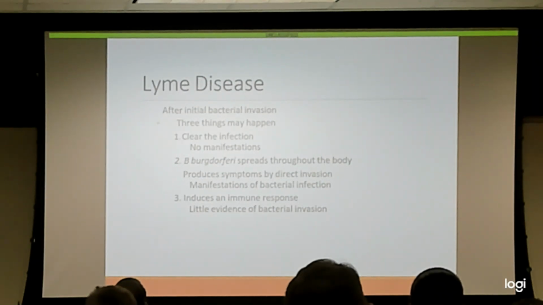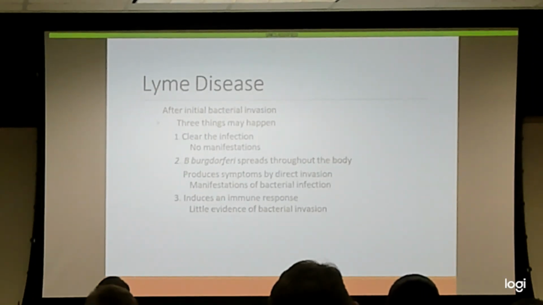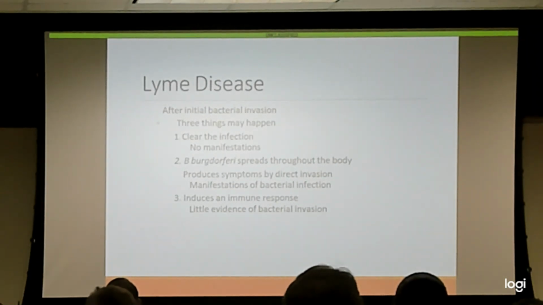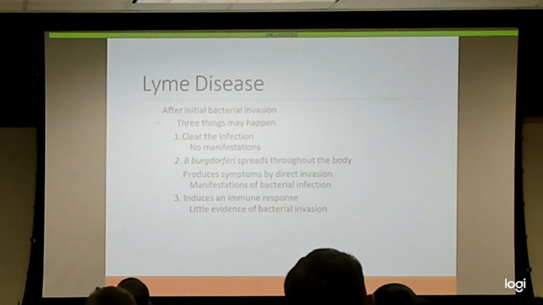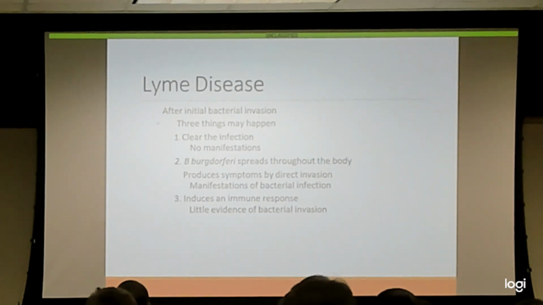Number 2 is the bad one, okay? Number 2, it's actually spread across your body. And there's an invasion in different parts of your body already. And then number 3, it just induces a small immune response, a little bit of bacterial invasion. Your body takes care of it before it actually does really bad stuff. And then it goes away and your body develops your IgG and IgM. But number 2 is the bad one that you need to worry about.